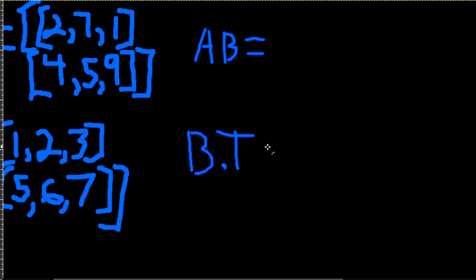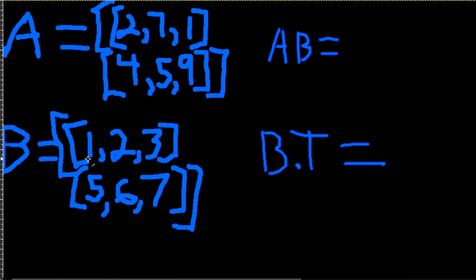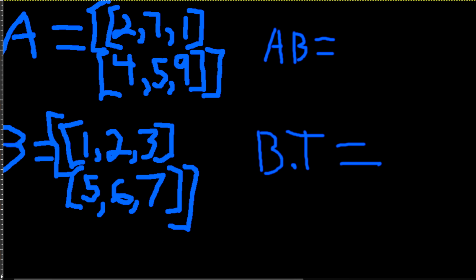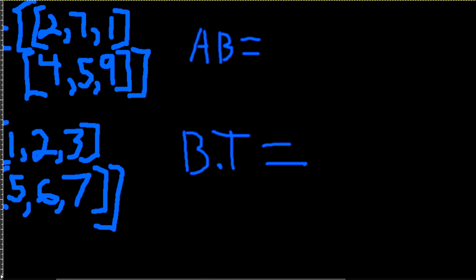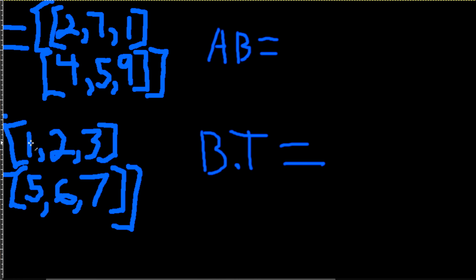B dot capital T takes the 2 rows and 3 columns and turns it into 3 rows and 2 columns. A way to do that is to picture the first row getting rotated to the right by 90 degrees. So 1, 2, 3, that's the first row. It becomes the column, 1, 2, 3.